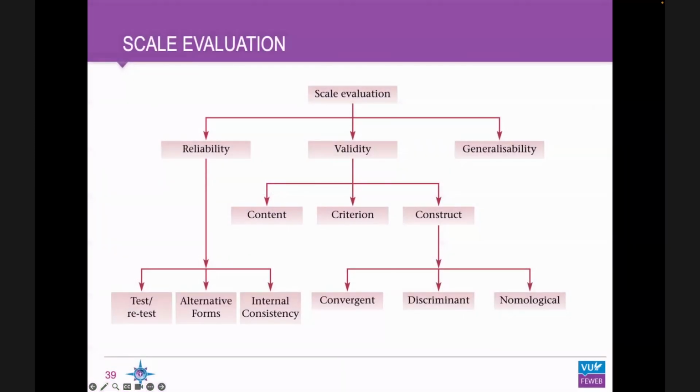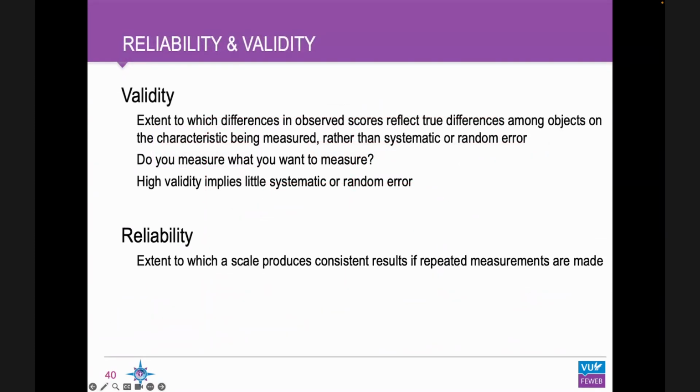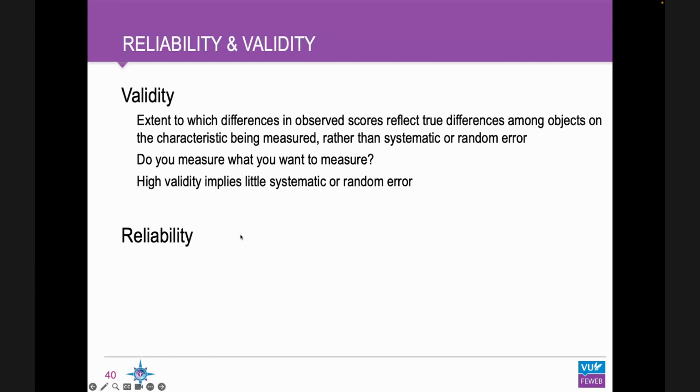Okay, now reliability. In reliability, there are different forms of reliability. I have a summary slide at the end about these, so please go and check those. Here we will look at the most important and most common one, that is the internal consistency. Just to compare validity and reliability, we said that validity is really about whether you can measure the true differences among people.